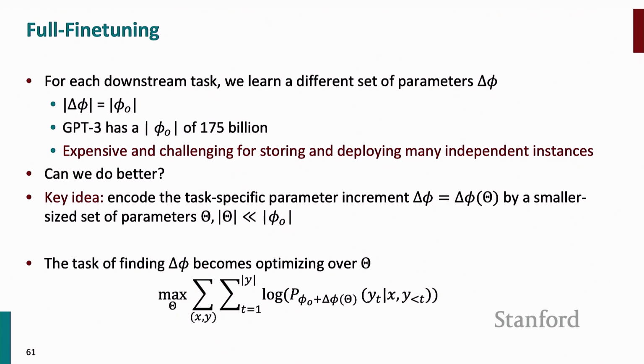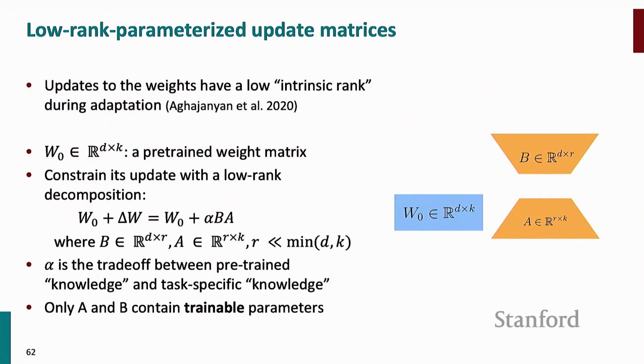So there are many different ways of operationalizing this high-level idea of parameter-efficient fine-tuning. The one I'm going to talk about today is LoRA. Okay? So that stands for low rank adaptation.